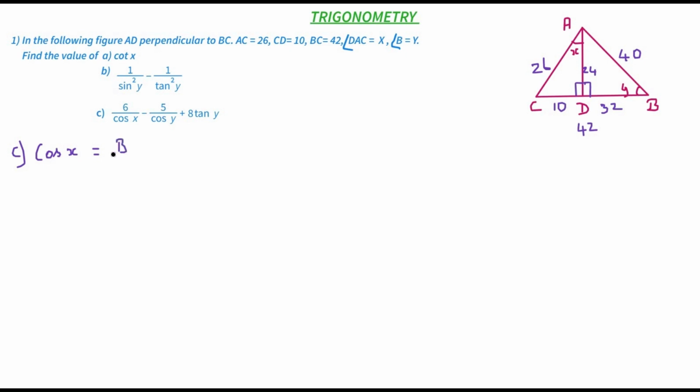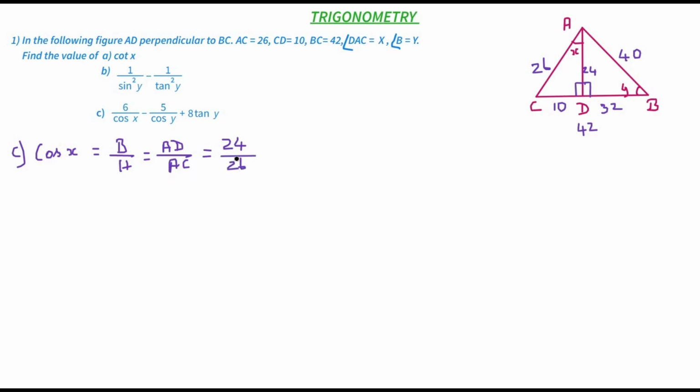Base by hypotenuse, right? So here the reference angle is x. The base is AD and our hypotenuse is AC. So what we will write here? AD by AC. So what is the value of AD? AD equals 24 and AC equals 26.